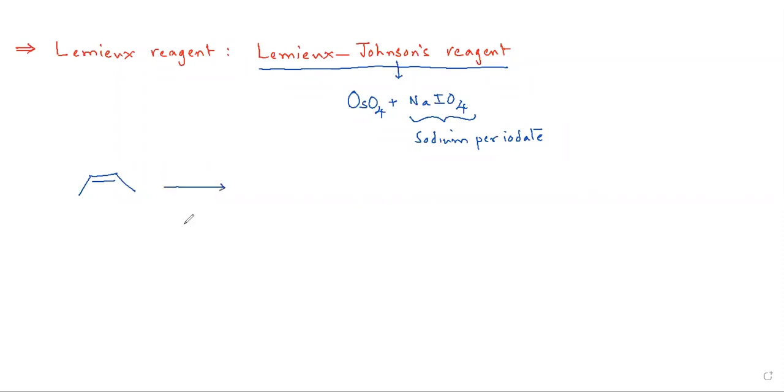Taking this, if osmium tetroxide sodium periodate is used, then this will give us a product with two hydroxyl groups. Only if osmium tetroxide is used.